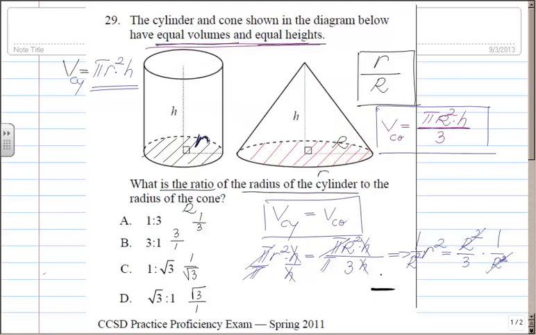Okay, so I have on the left r squared over capital R squared equals 1 over 3.